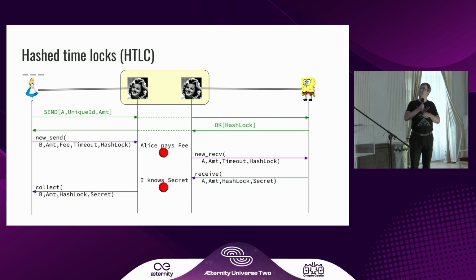Because obviously, Alice locked the amount plus the fee in the contract here. Now Ingrid had to put in the amount here, lock that into the contract. So that goes away here, and then she can collect the amount plus fee on this side.